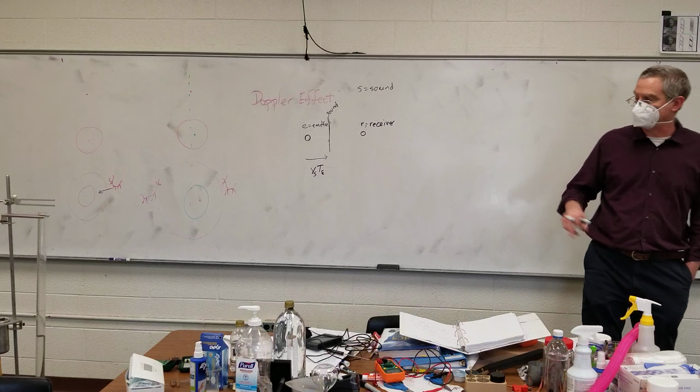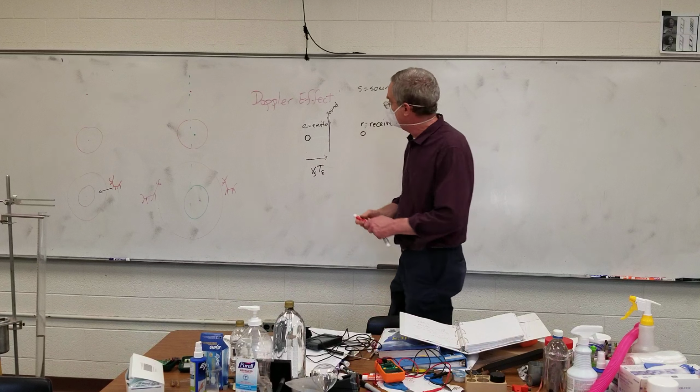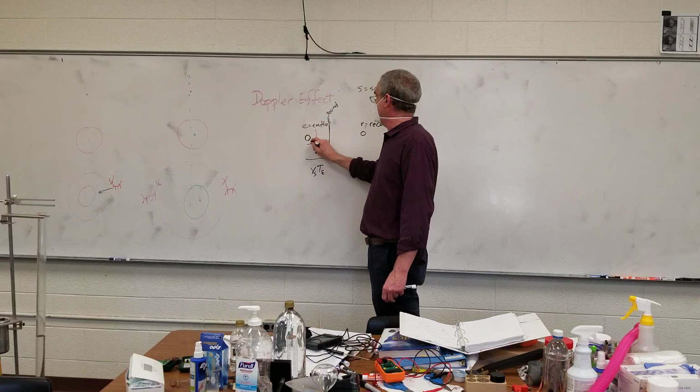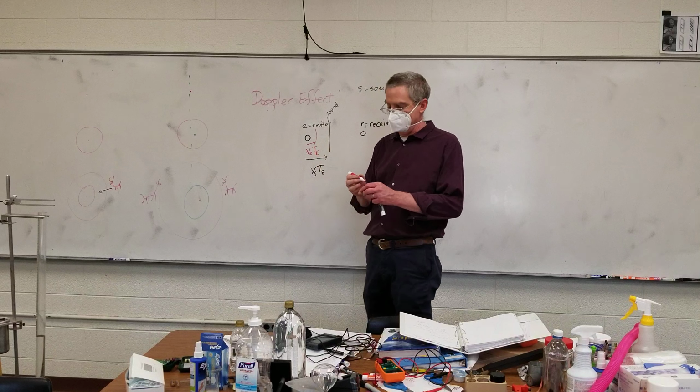After this wave has gotten to there, the emitter has moved and it's going to emit a second sound. This is how far the emitter has moved, and it is going to be the speed of the emitter times the period from the emitter's point of view.